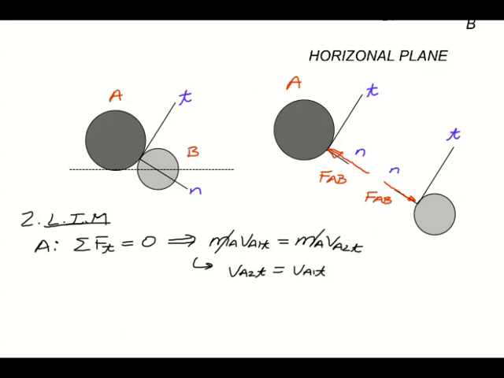And what did we have before? Well, what we had before impact was VA1 is like this. So we need to be able to resolve that in terms of normal and tangential components. And this is where the trig comes in.